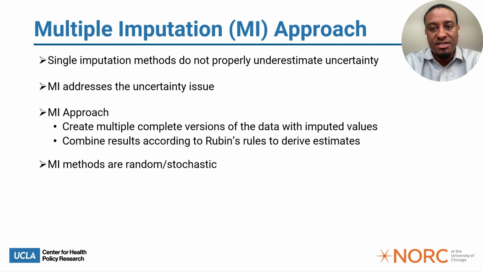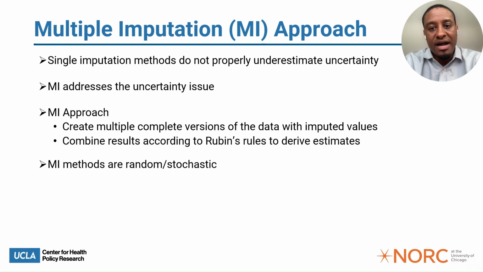As discussed previously, single imputation methods do not properly reflect the uncertainty because the predicted value is treated as observed. Multiple imputation is the default approach for accounting for the additional uncertainty due to imputation. The multiple imputation approach involves creating multiple complete versions of the data.